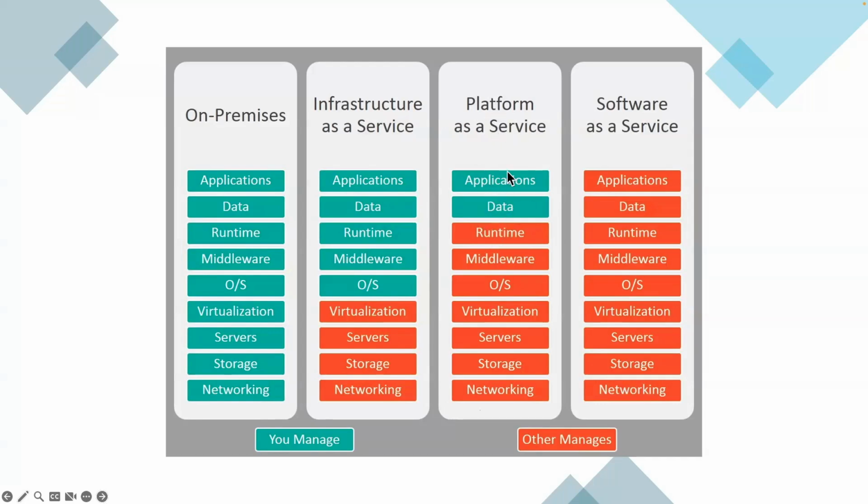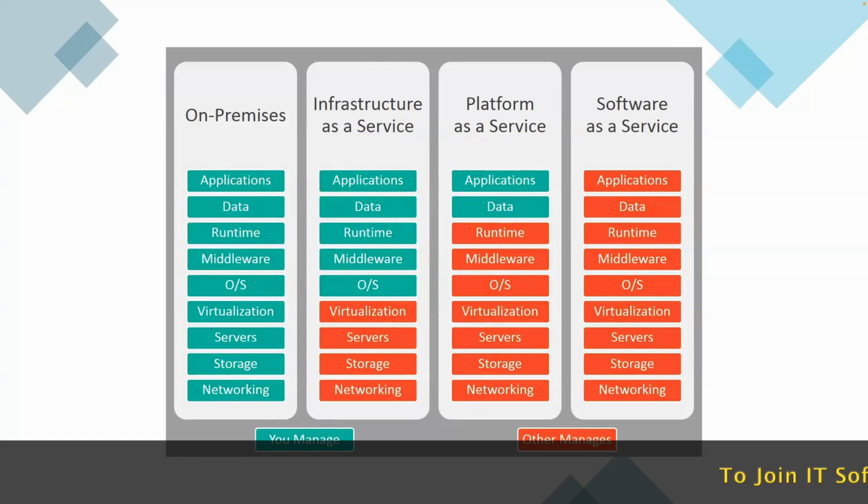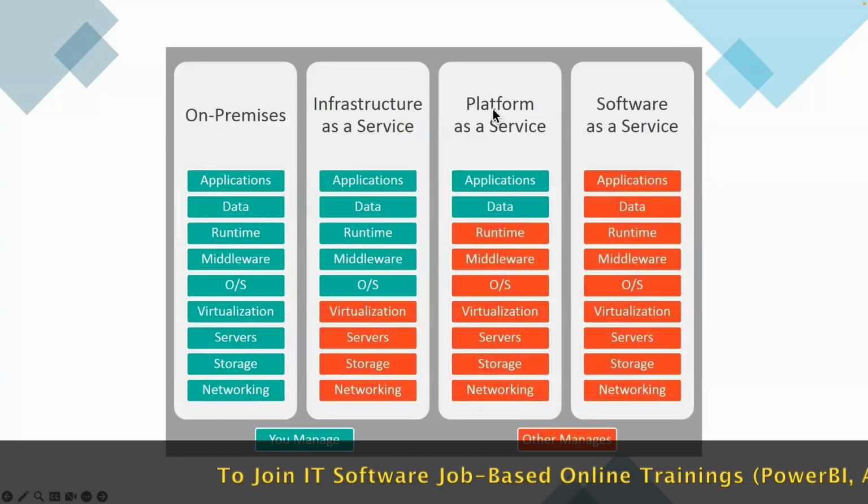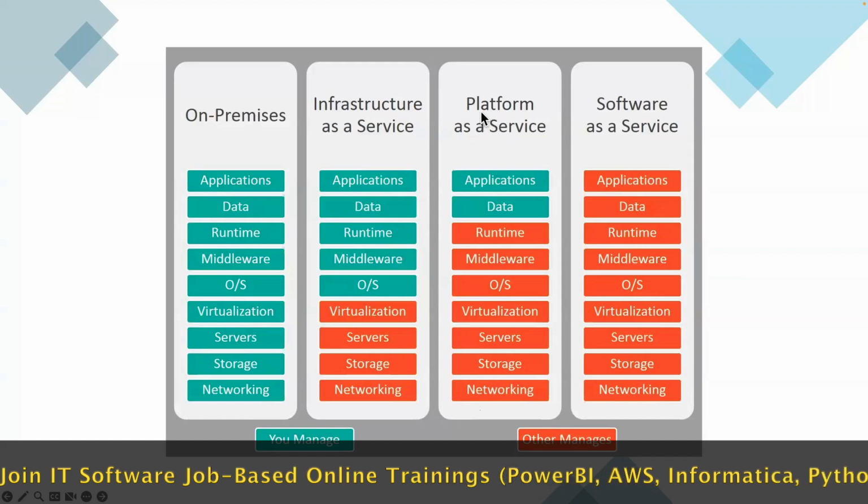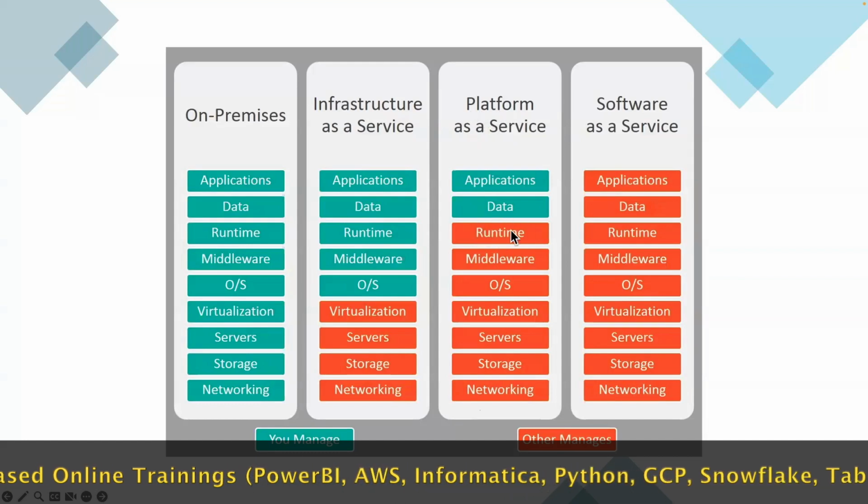You open that service, select Python, deploy the code, and your application is ready. We are learning this in detail as part of our course. There are services like Cloud Run and App Engine in Google Cloud, which are platform as a service. The name is like this because it's providing a platform.